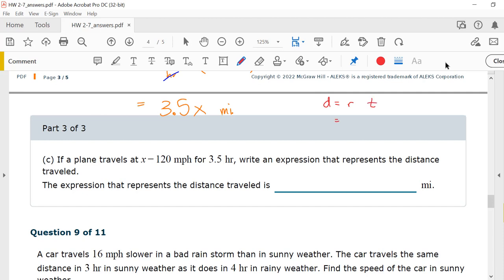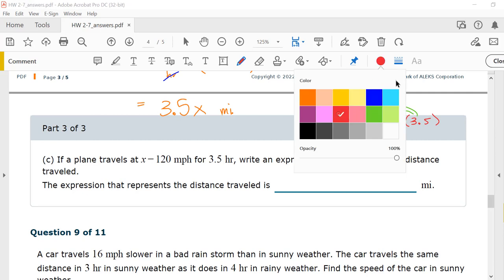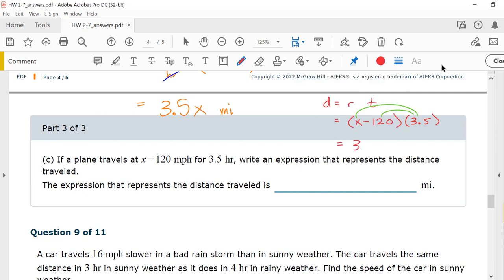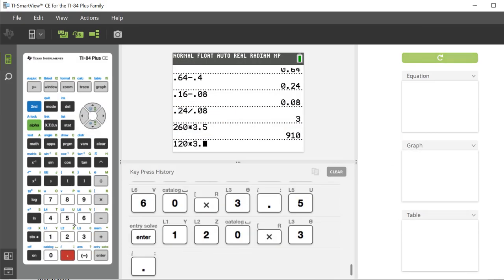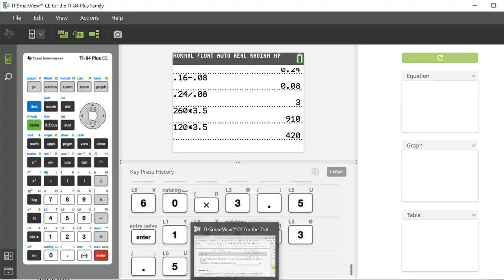If my rate is x minus 120 and my time is 3.5 hours, I'm going to go ahead and distribute and get 3.5x minus, what is 120 times 3.5? 420.